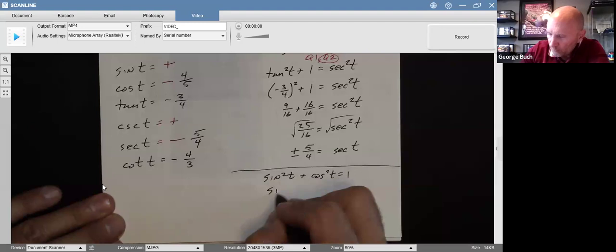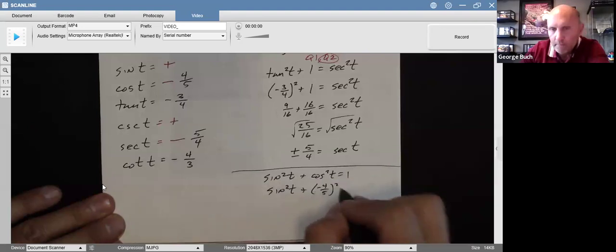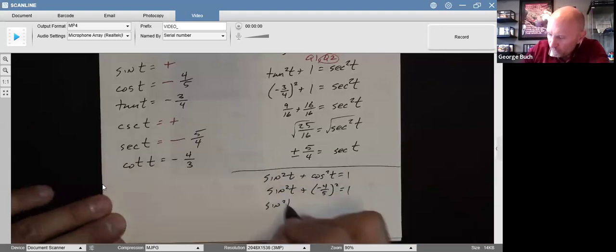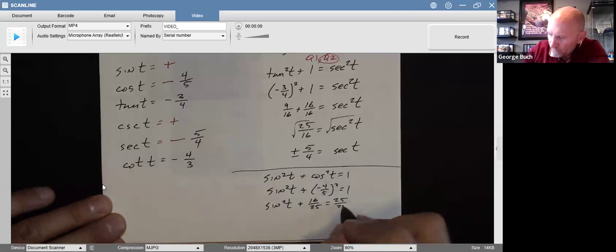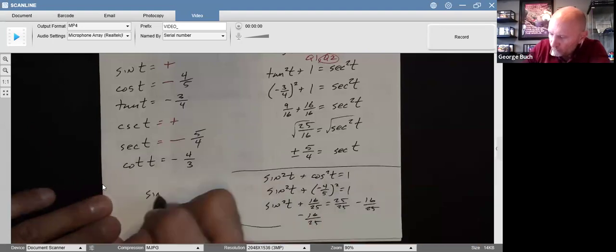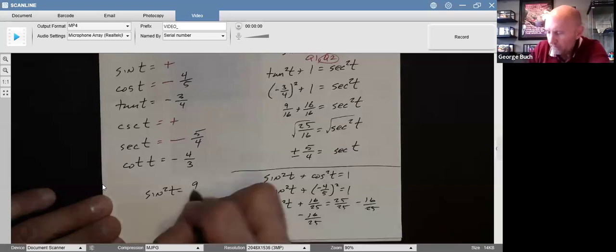So sine squared plus -4/5 squared is 1. So sine squared of t plus 16 over 25 is 1, which is 25 over 25. So subtract 16 over 25 from both sides. Let me move up here. Tells me that sine squared of t is 9 over 25.